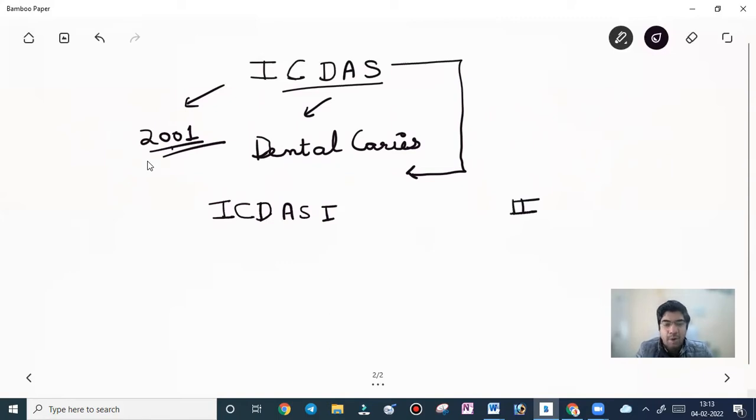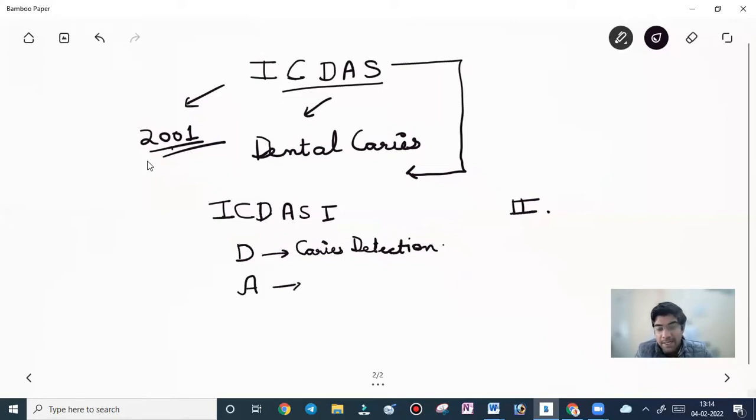So let us talk about ICDAS 1 first. That includes the D component, that is for the caries detection, and the A component.